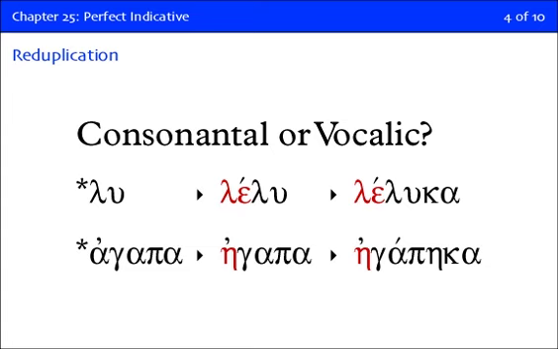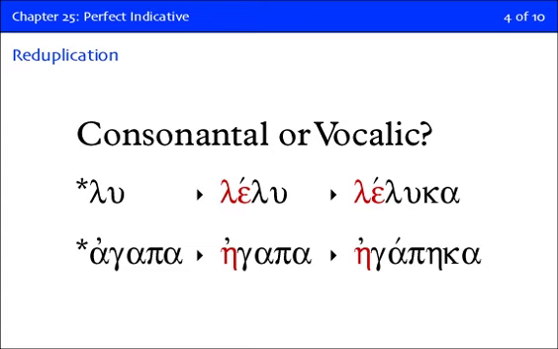So lu goes to lelu, and then leluka. If, however, the stem begins with a vowel, it undergoes vocalic reduplication. Vocalic reduplication looks just like an augment, but it's not the same thing as an augment.